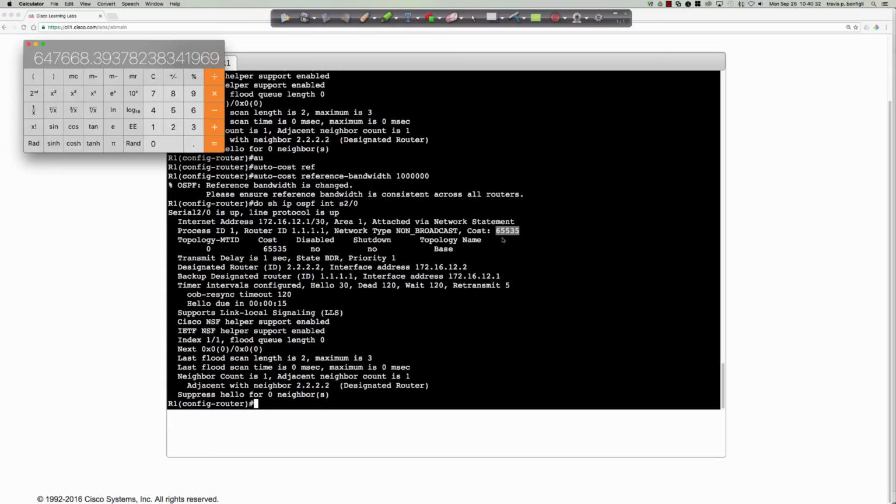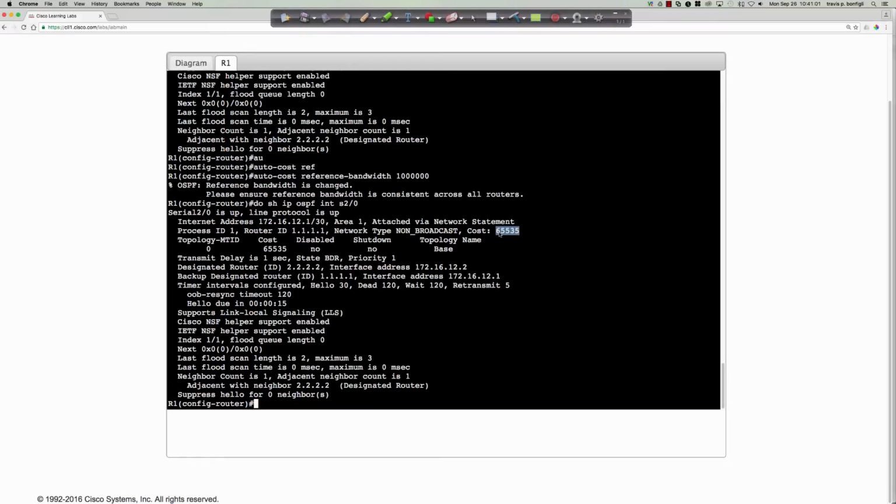But if in your environment you have a mixture of super fast links and then some not so fast links, some slow serial links, maybe fractional T1, 64K, 128, 256, 512, you can run into the problem going in the opposite direction, which is now all of my T1 and slower appear to be equal. They're all going to have a maxed out cost of 65,535. So now we have the problem in the other direction.